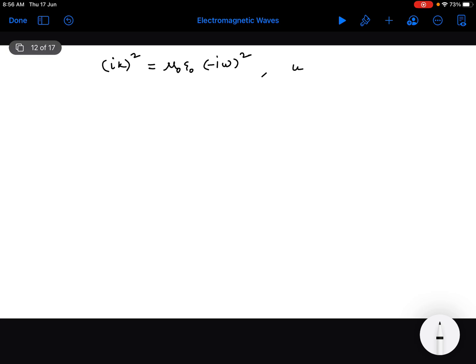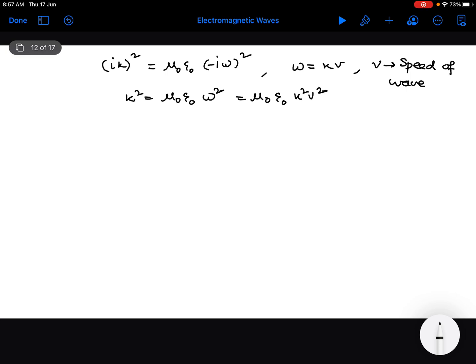We know omega is equal to k times v, where v is the speed of the wave and omega is the angular frequency. So k square is equal to mu naught epsilon times omega square, which gives mu naught epsilon k square v square. So v is equal to one over the square root of mu naught epsilon, where mu naught is the permeability and epsilon naught is the permittivity.